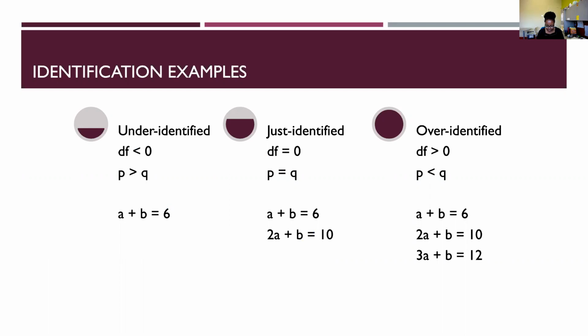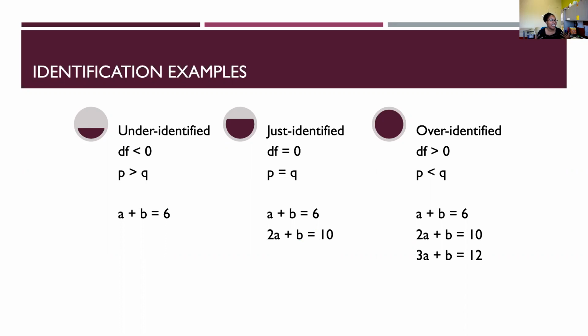And here's another way of thinking about identification. If you remember algebra, you know that when you have letters, they indicate variables that you don't have the values for. So this first example is a plus b equals 6. You can have many different combinations of a and b in order to get to 6. You can have 3 and 3, you can have 2 and 4. So this is under-identified because you don't have enough information.